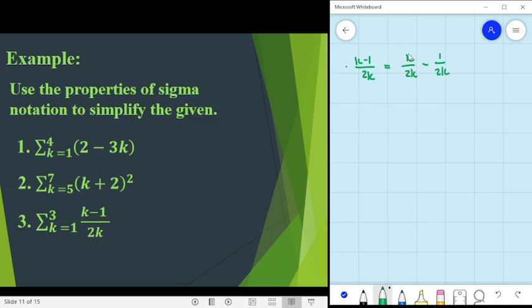So, this can become 1/2, right? So, our summation would be equal to the summation of 1/2, wherein k runs from 1 to 3, minus the summation of 1 over 2k, wherein k runs from 1 to 3.